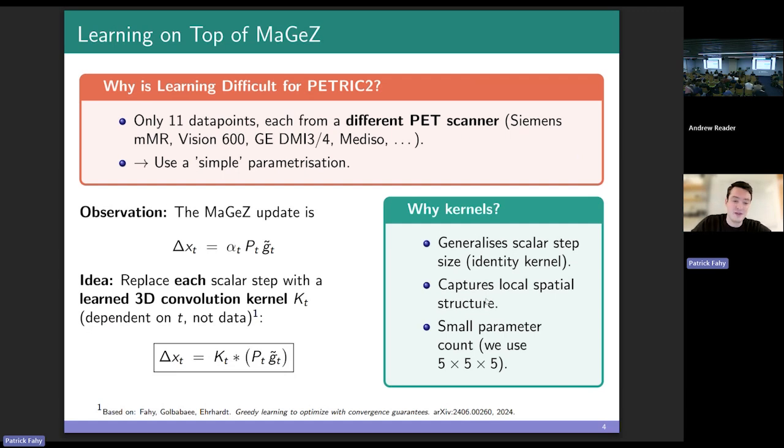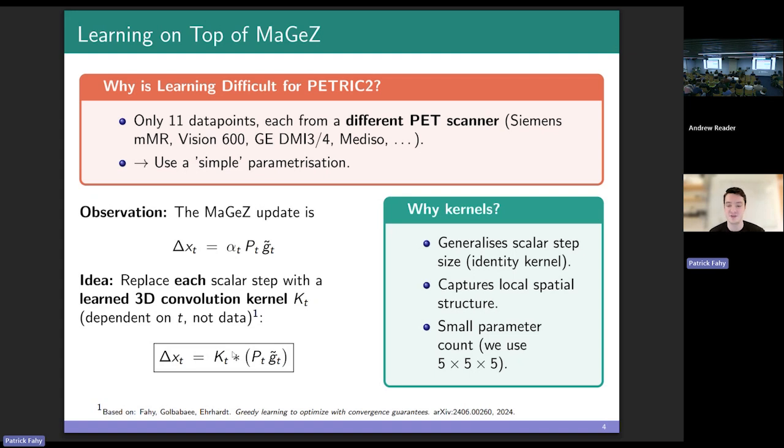An observation is we have this MAJORS update, we have a scalar step times a preconditioner times an approximate gradient. So our idea was simply to replace this scalar step with something learned, and we chose a 3D convolution. We just want to learn a kernel instead of having a scalar step here.